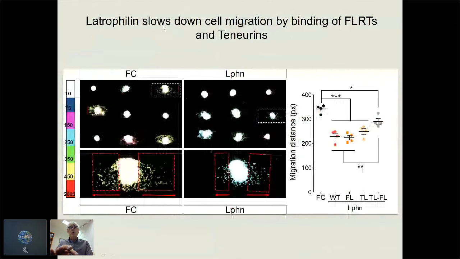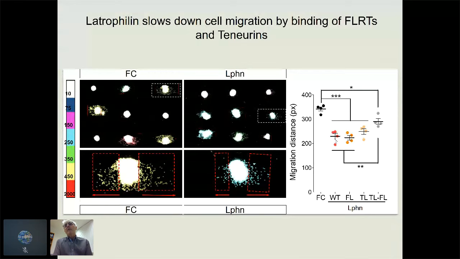Dani began by coating these nanofibers with latrophilin because he had seen that radial glial cells express latrophilin, and he put explants on these latrophilin-coated nanofibers, and he could see that in comparison to control protein-coated nanofibers, the migration of these cells was significantly slowed down.